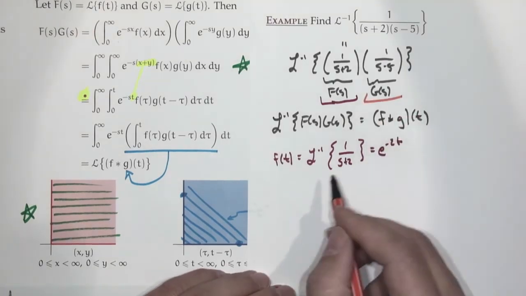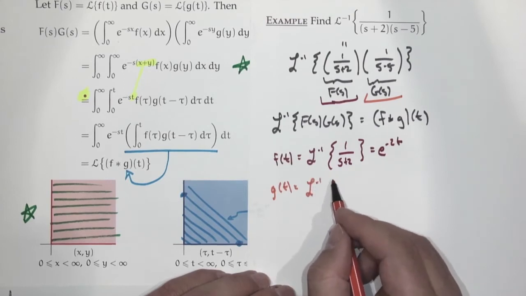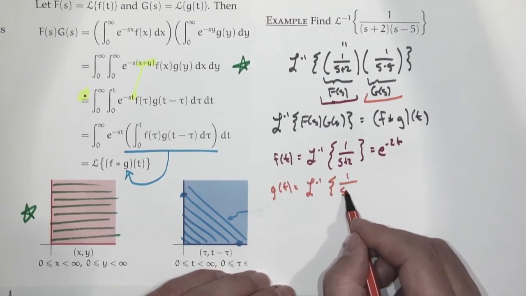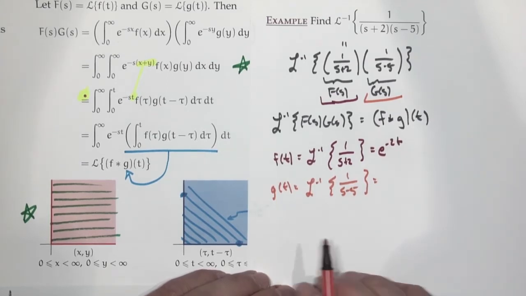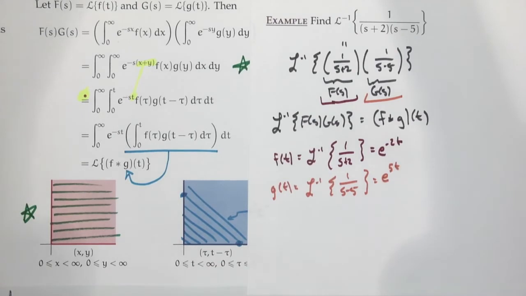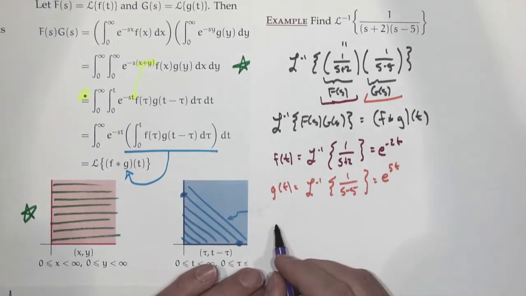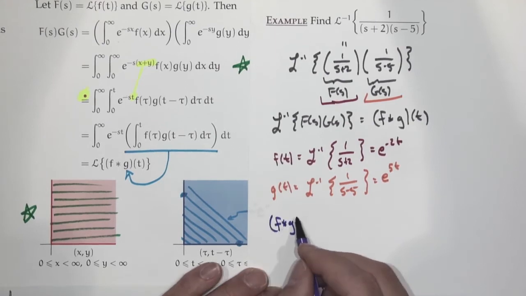So again, we look here. G of t, the inverse Laplace transform of 1 over s minus 5. What is that? E to the 5t. Okay, so we say, aha, that tells us our answer is f star g of t.